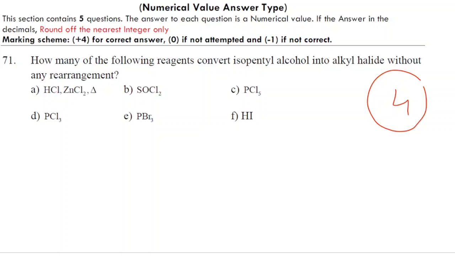Okay, now let's quickly move to the integer type questions. Suppose if we consider this question, how many of the following reagents convert isopentyl alcohol into alkyl halide without any rearrangement?